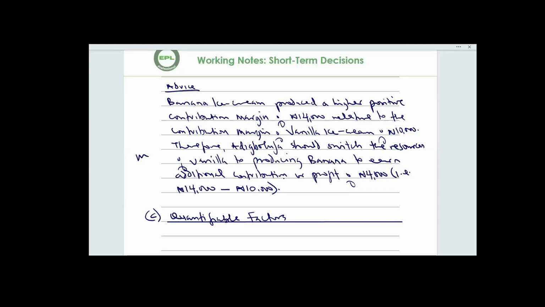So the bottom line is that there is an indication that the company will make more profits if they switch, then they should just advise them to switch. It's not compulsory that you are going to express yourself the way I do it. Every diet, I don't say the same thing. The way I think about it is the way I will write it down. So it's not something you can cram.